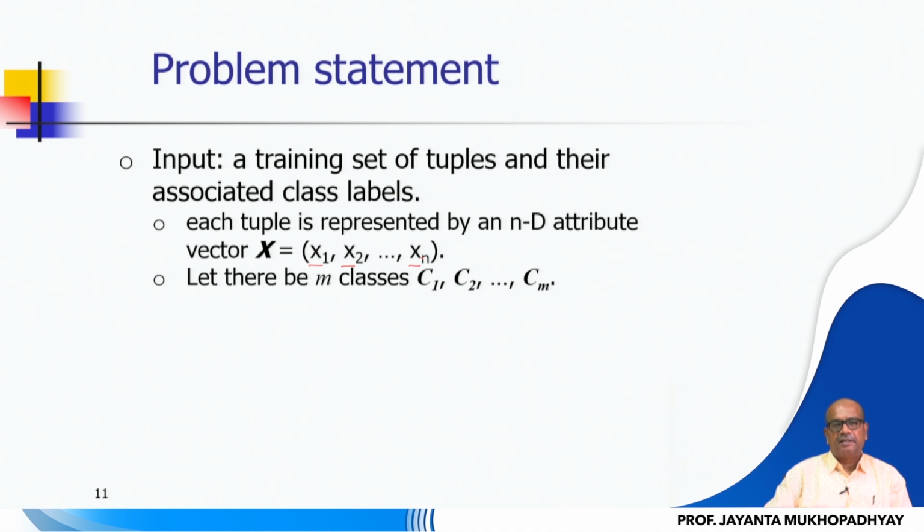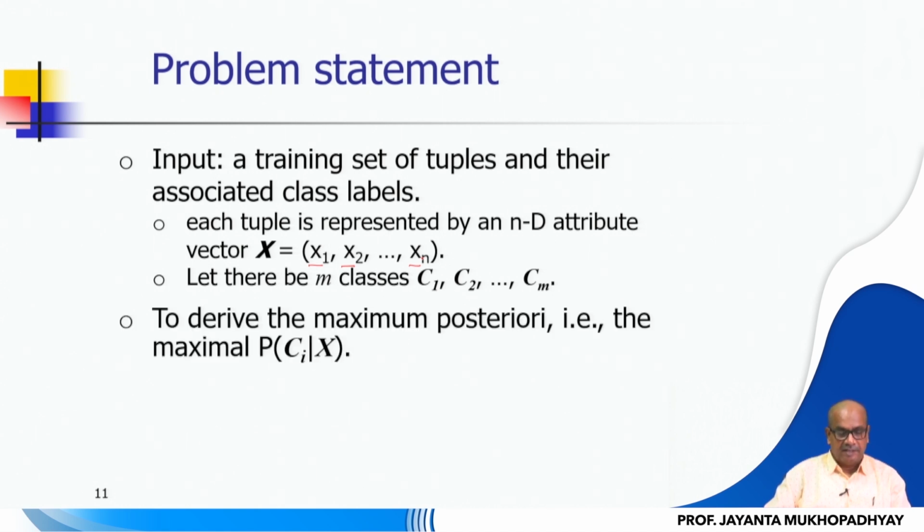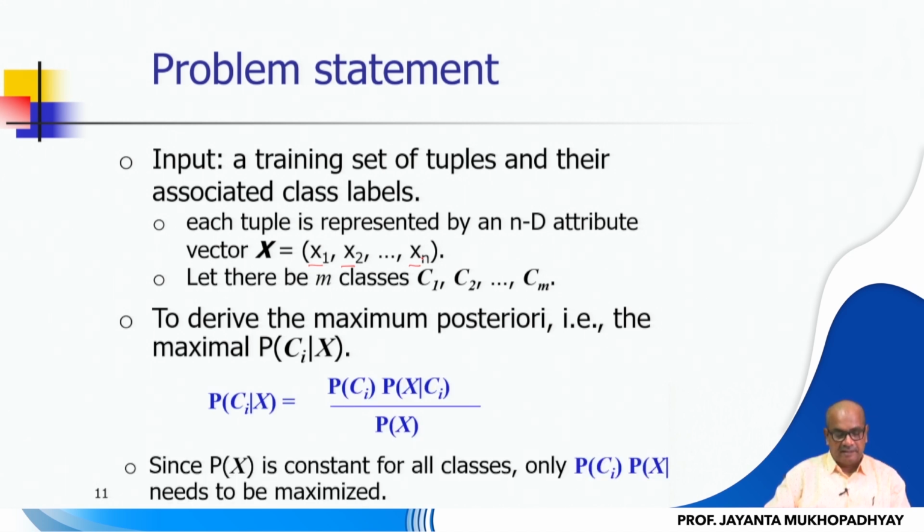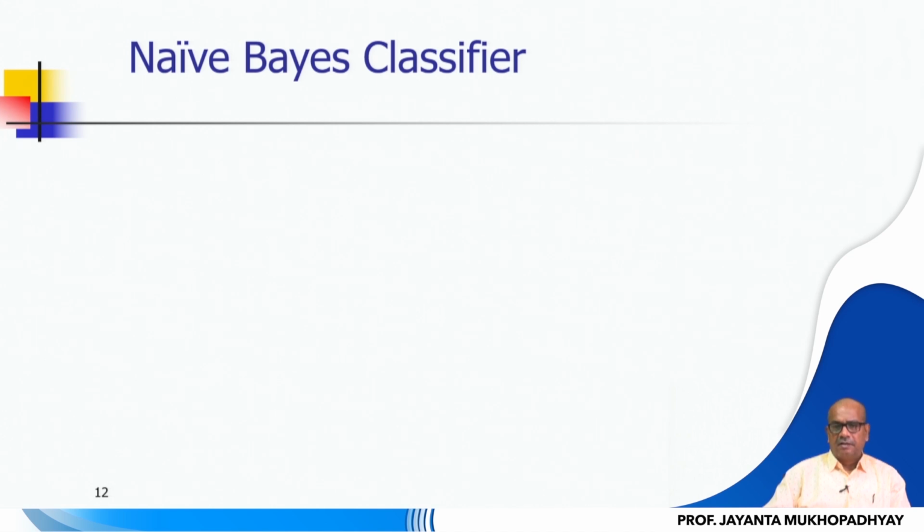If there are m classes C1 to Cm, then you have to derive the maximum posterior, that is, the maximal probability of Ci given x, and we can compute it in this fashion. As I mentioned, since the denominator is constant, only this computation is sufficient, and you can use normalization after that. So this is the general framework for Bayesian classification.